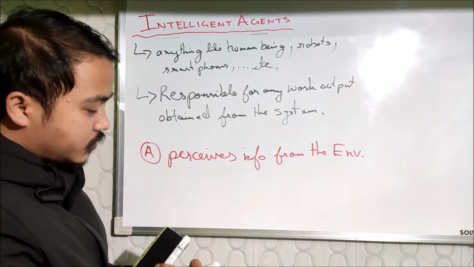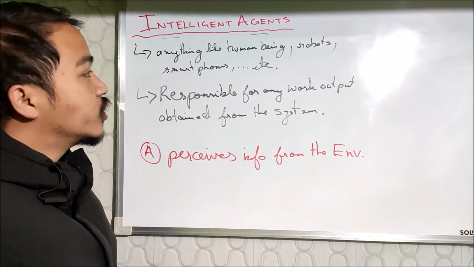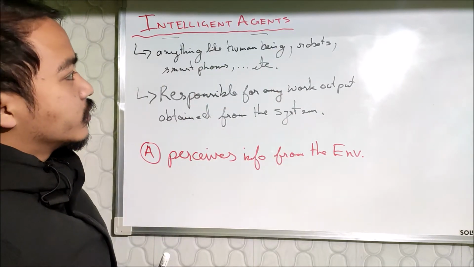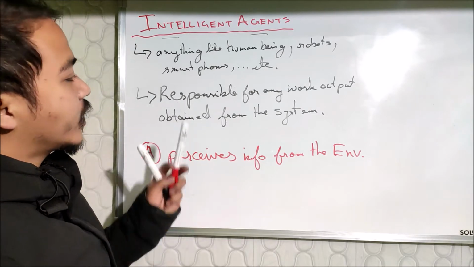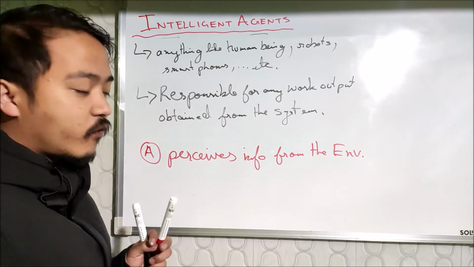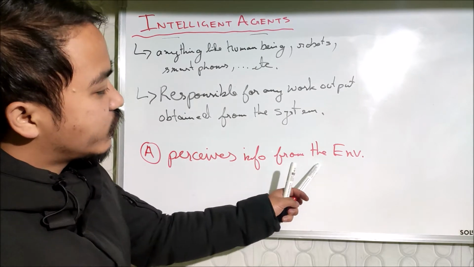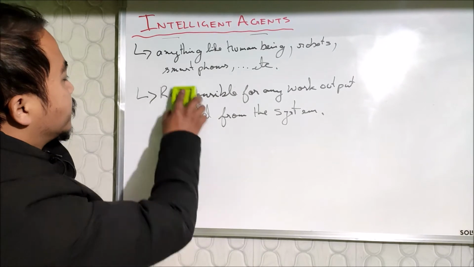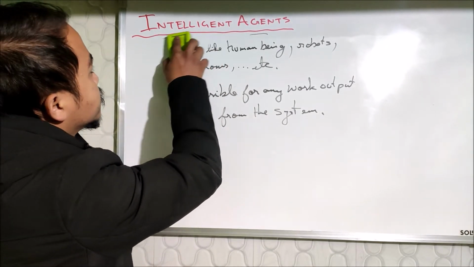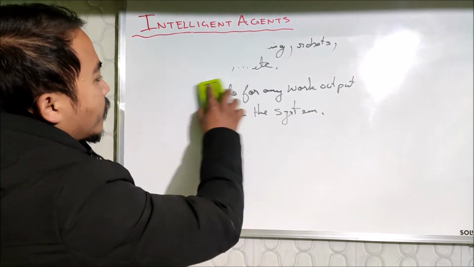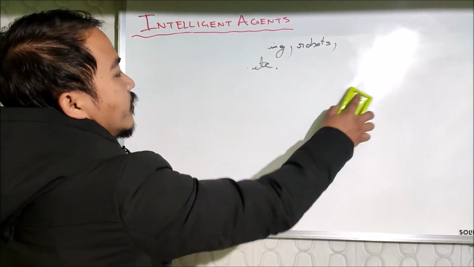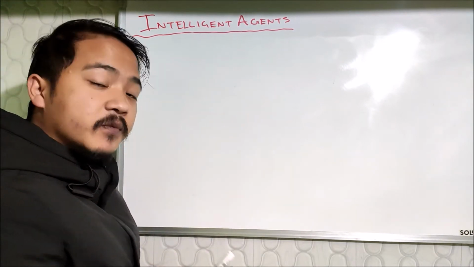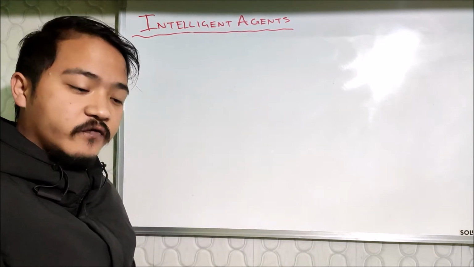All right, so now I hope you understand what intelligent agents are, what they are responsible for, and what operations they perform. These agents perceive or gather information from the environment.